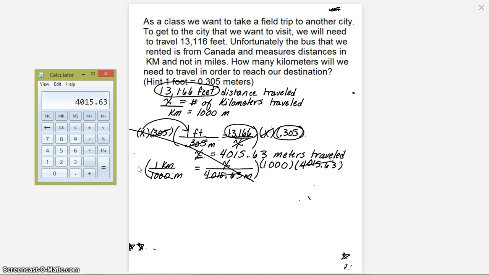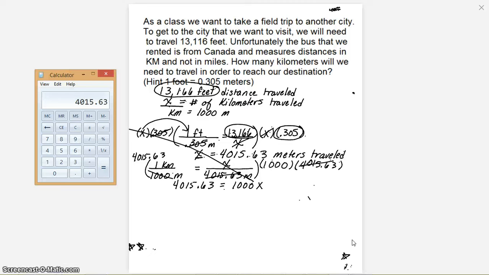And I'm going to multiply it by 4,015.63. So that times 1 is simple. That is just 4,015.63 on one side of the equation equals 1,000x. On the other side of the equation, I just multiplied the x times 1,000 to get that. And on the other side, I just multiplied 1 times the 4,015.63 because the thousands canceled out. So don't forget all that canceling I did.